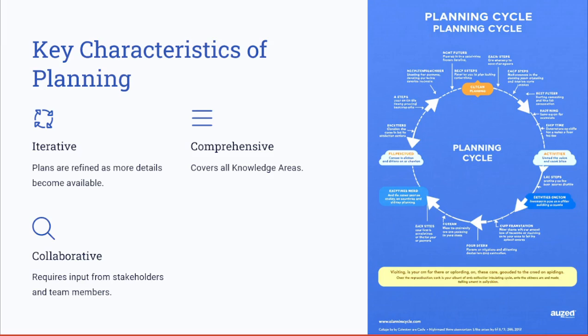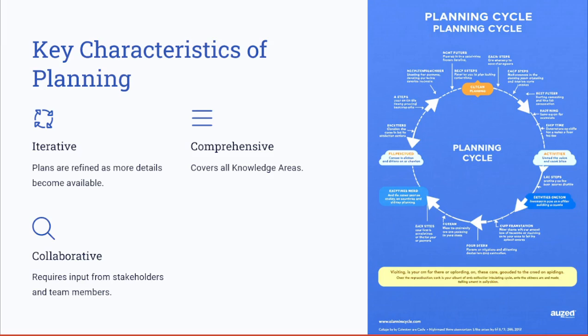The key characteristics of the planning phase. The planning process group is an iterative phase, meaning that all plans are revisited and refined as new information becomes available, or new requirements or changes are requested by the stakeholders. So any new information on the project or any change in conditions, we need to change these plans.